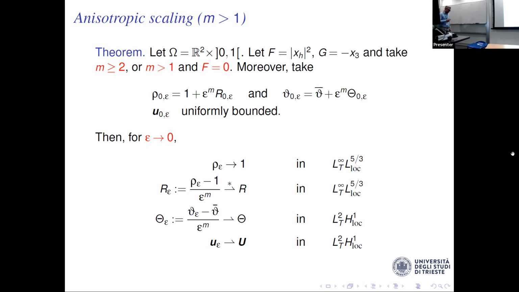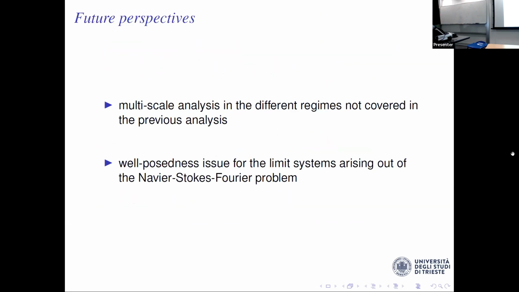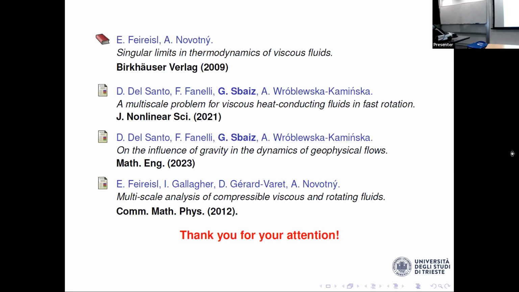This is because if you don't take this assumption, you are not able to close the estimate. There is only one paper, done by Fanelli and Gallagher, maybe it is also in the references, not sure.